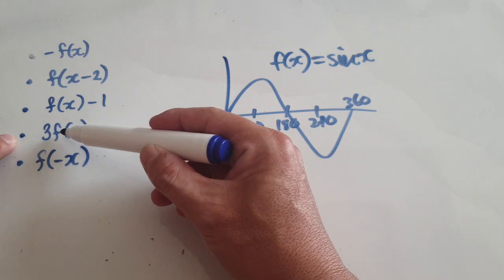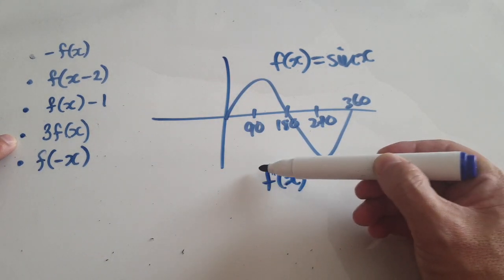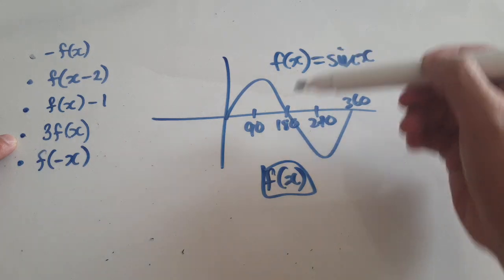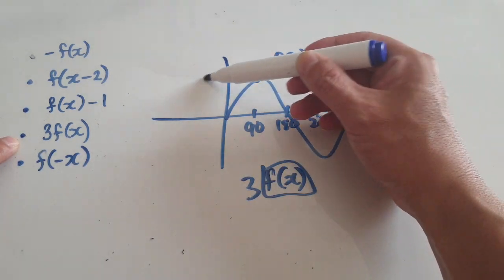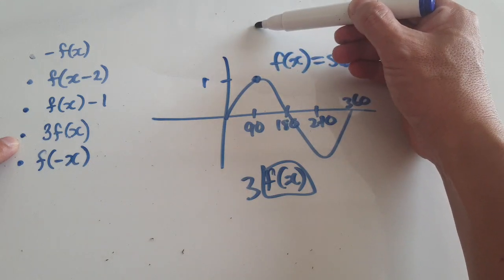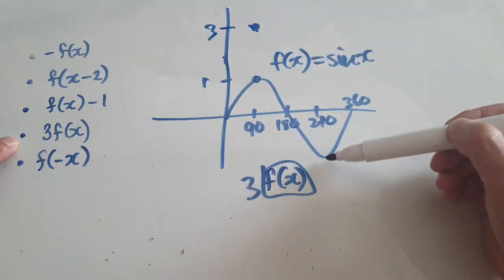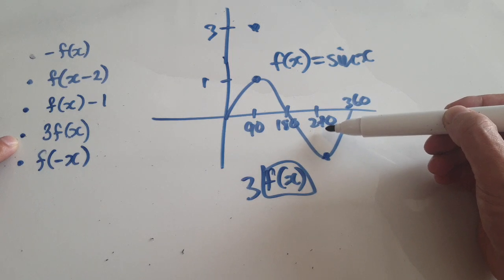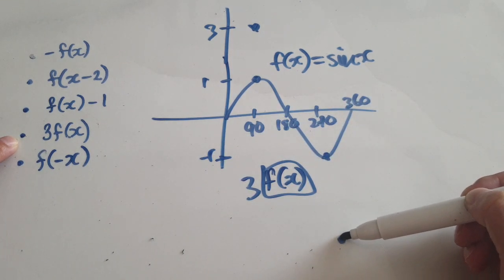Okay, this transformation means the old graph, which is our sine graph, times everything by 3. So when you look at 90, it's at 1, and when you times it by 3, it jumps up to 3. Sine of 270 is negative 1, but when you times it by 3, it becomes negative 3.